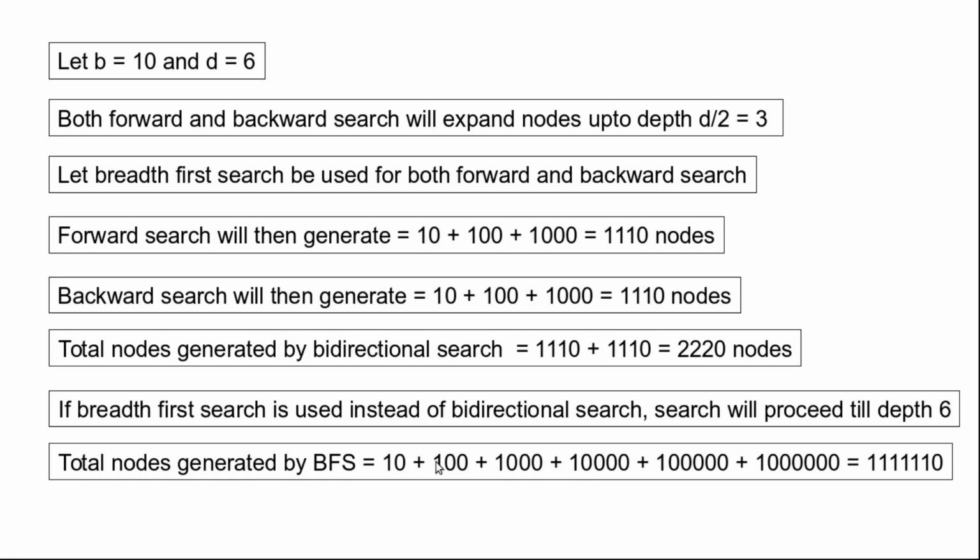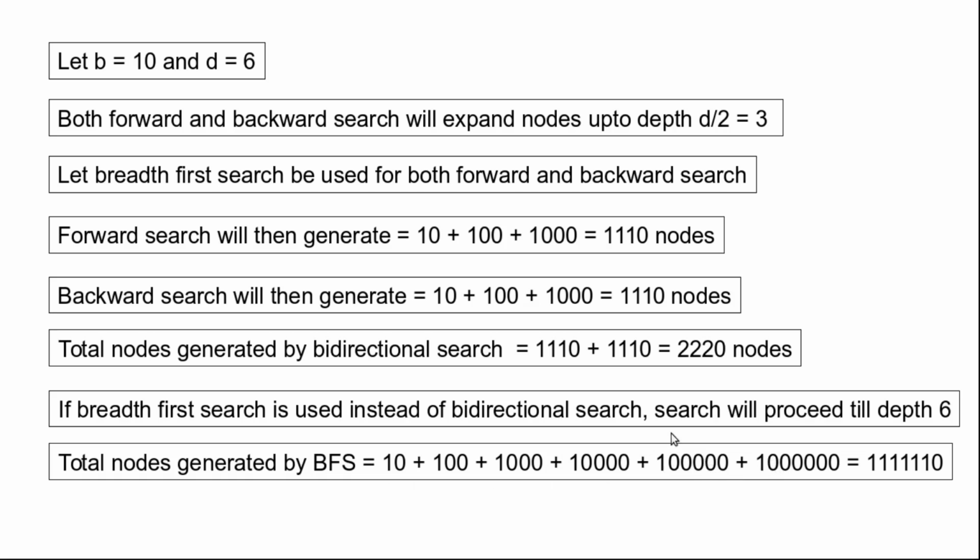As you already know how we got these numbers, that's because the branching factor is 10. In depth 1 it will be 10, in depth 2 it will be 10 into 10, 100. Then in depth 3 it will be 100 into 10, 1000. In depth 4 it will be 1000 into 10, which is 10,000. In depth 5 it will be 10,000 into 10, which is 1 lakh. And in depth 6 it will be 1 lakh into 10, which is 10 lakhs.